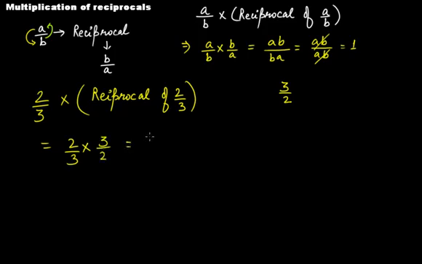This gives you 2 times 3 over 3 times 2, which is 6 over 6. The highest common factor is 6 only, so you get 1. So whenever you multiply a rational number with its reciprocal, you always get 1 as the answer.